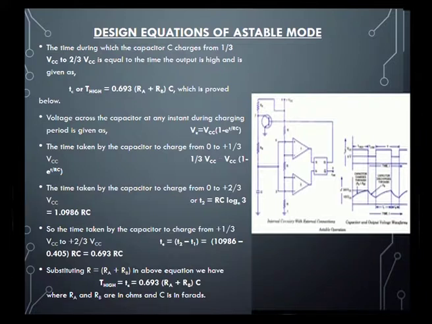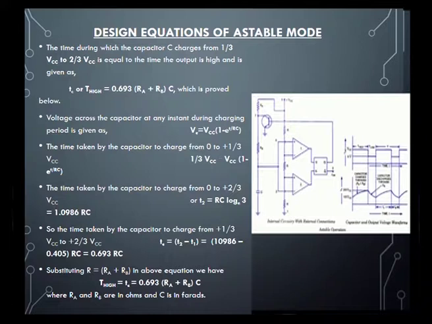Next, the time taken by the capacitor to charge from 0 to 1/3 Vcc has to be calculated: 1/3 Vcc equals Vcc into (1 minus e to the power of minus t divided by Rc).